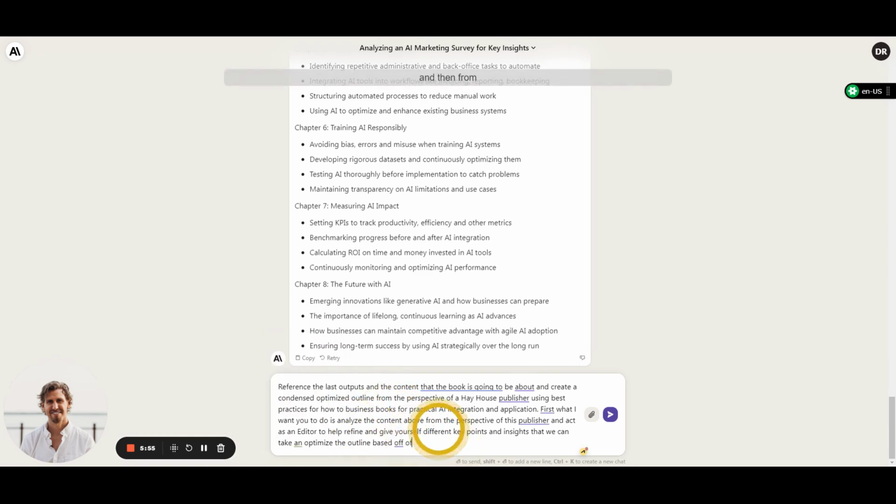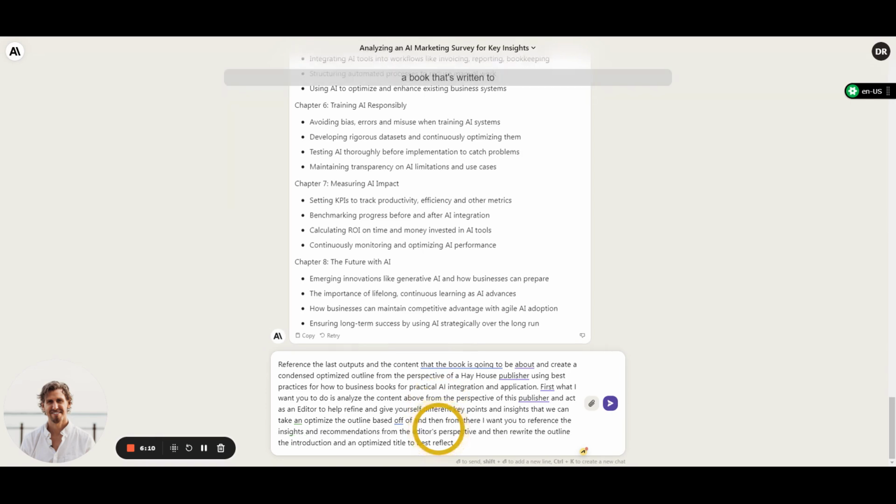Then reference the insights and recommendations from the editor's perspective and rewrite the outline, the introduction, and an optimized title to best reflect a book that's written to help solve the core problems that the people surveyed are currently experiencing.